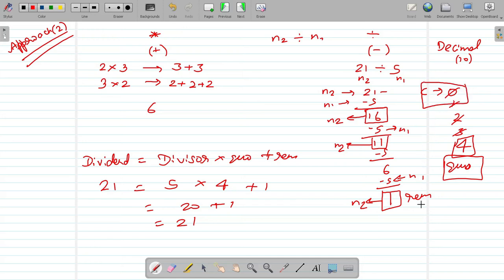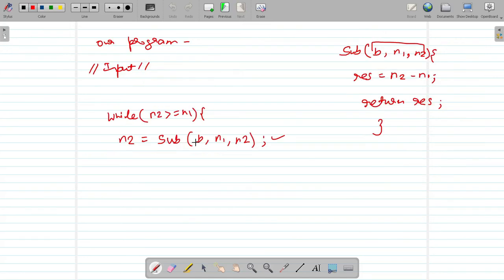Now here is a thing which we have to take care of. First, let's initialize these variables. Let's say int quotient is equal to 0, and int remainder, because we will need it later. You cannot simply do quotient plus plus, because the plus plus operator increments by 1 but in base 10 format.